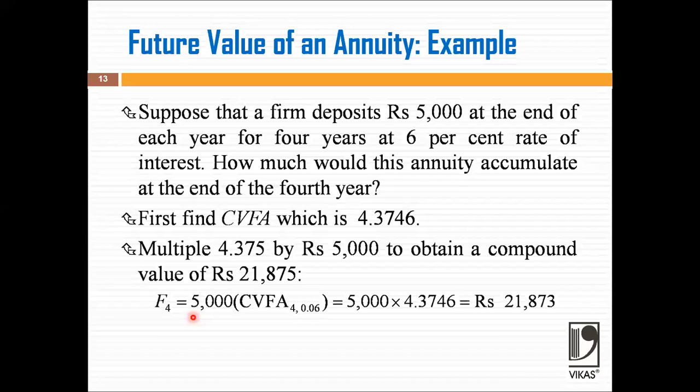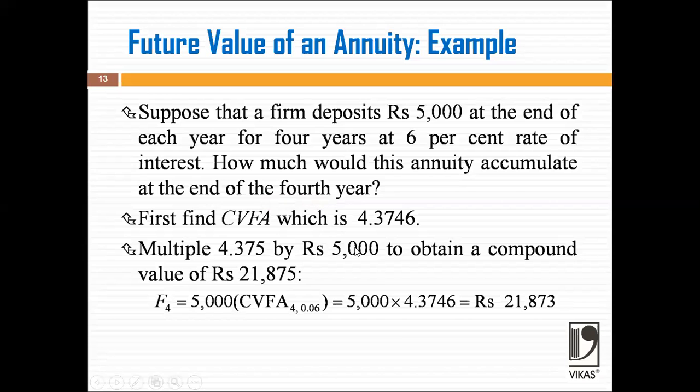To decide that, you have to consider whether the same amount of money is deposited over a period of time or it is a one-time deposit. Here the word is each year: deposit each year for 4 years at 6% rate of interest.